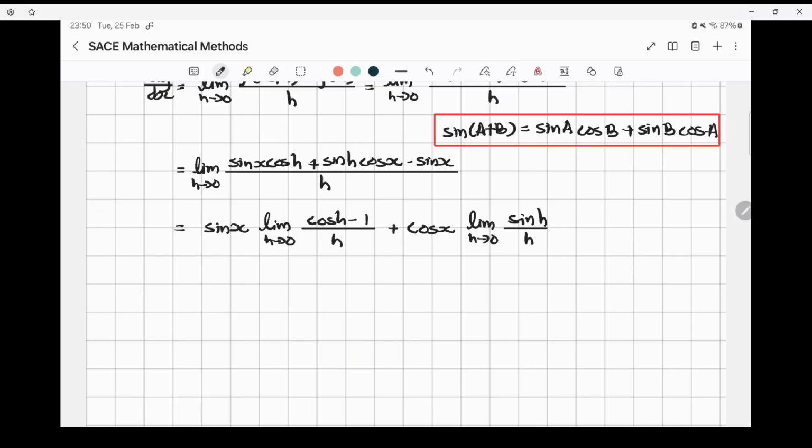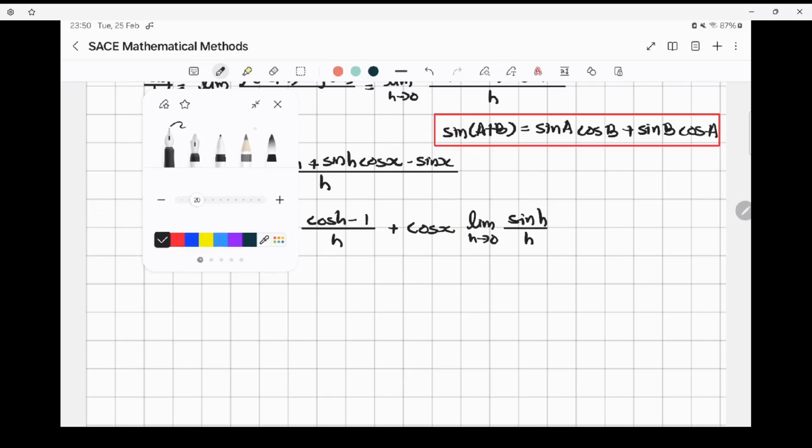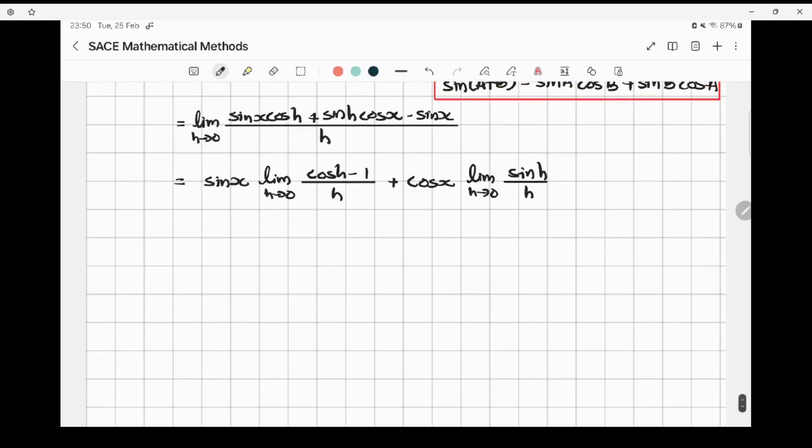Alright. So here there are two identities that you need to use. Usually if the exam asks you to do that, they will give you those identities. The first identity is that the limit as h approaches 0 of sine h divided by h is 1. The second identity involves the first part, the limit as h approaches 0 of cos h minus 1 divided by h.